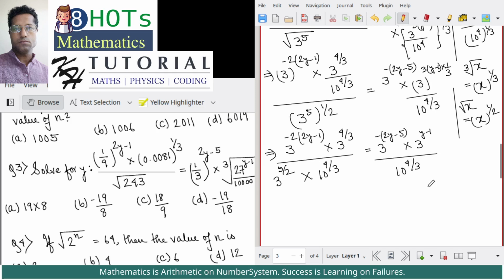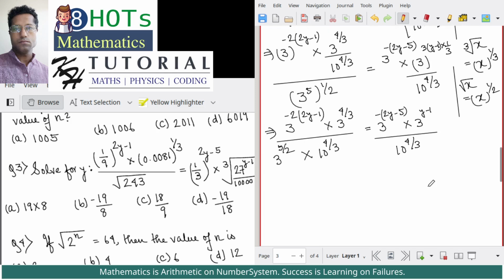Now, as you can see, we are having 10 to the power 4 by 3 in the denominator of both the LHS and RHS. So, we can cancel it out, or in other words, I can multiply both the LHS and RHS by 10 to the power 4 by 3. It's the same thing. Actually, cancelling means that we are multiplying both the LHS and RHS by 10 to the power 4 by 3.